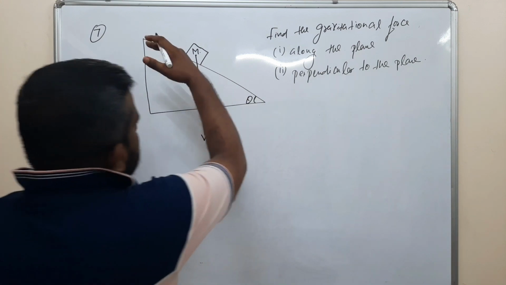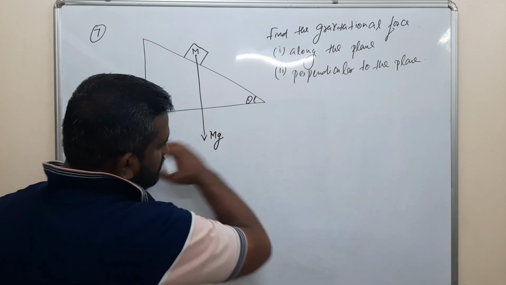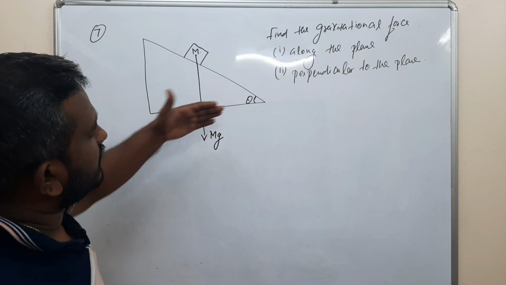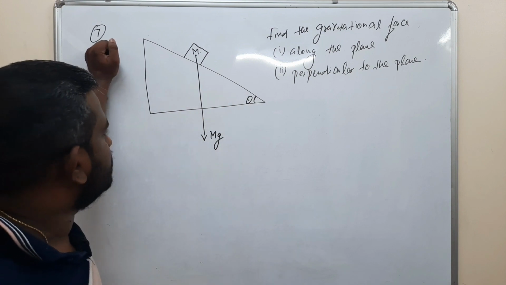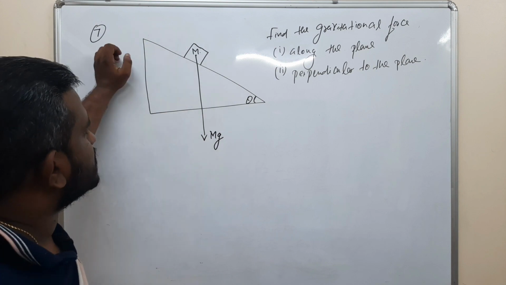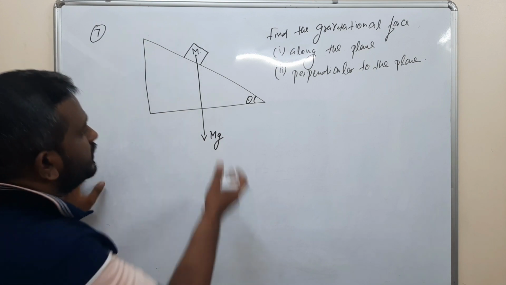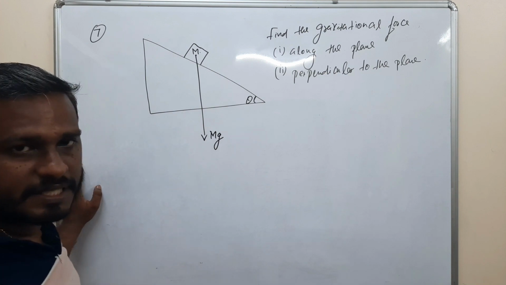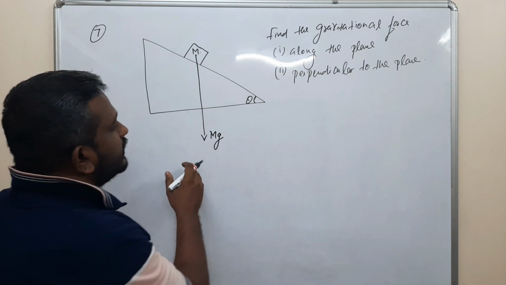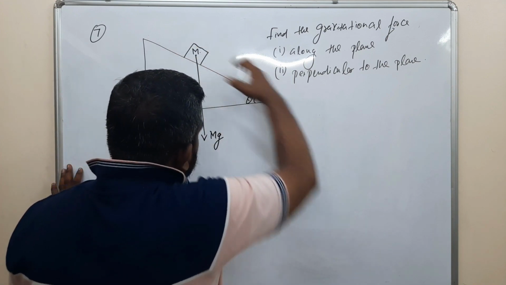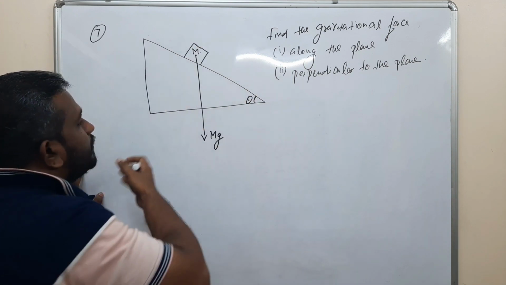So this is an inclined plane, not a horizontal plane, which makes an angle theta with the horizontal. One block is there with mass m. We know that the gravitational force will act in the downward direction. So we have to find the gravitational force acting along the plane and perpendicular to the plane.